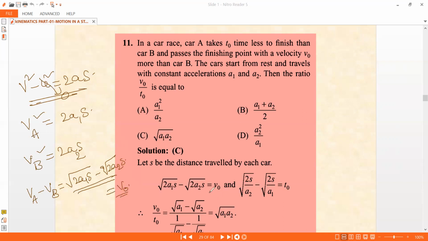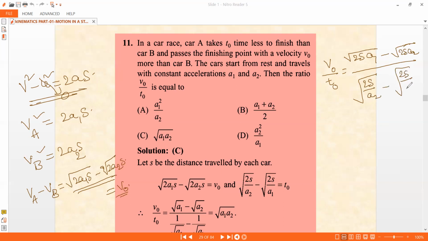Now simply take the ratio of these two, V naught by T naught. V naught is square root of 2S A1 minus square root of 2S A2, divided by square root of 2S by A2 minus square root of 2S by A1.